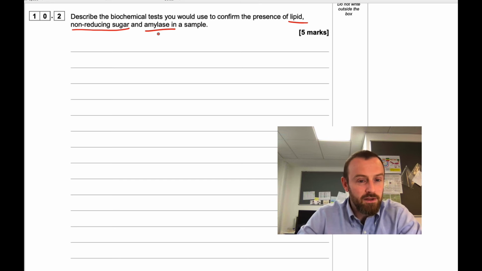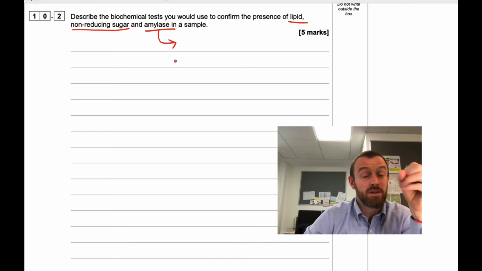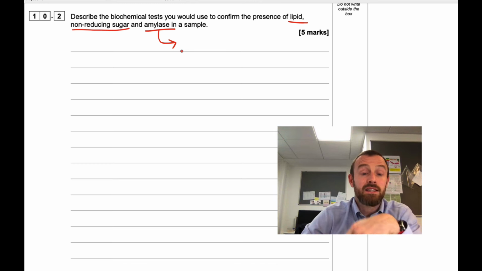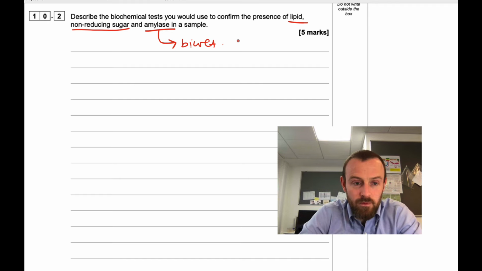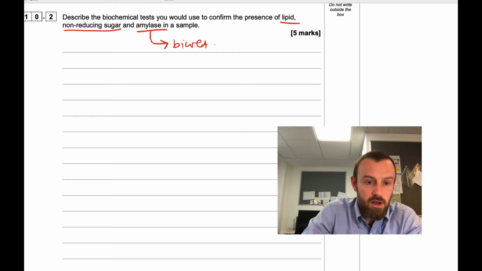And amylase, this is an easy one to throw you off course, because you might read it as amylose starch, but it's not that. Amylase is an enzyme, so this is a biuret test for a protein. Okay, let's just look at the mark scheme, and I'll illustrate with some pictures as we go.